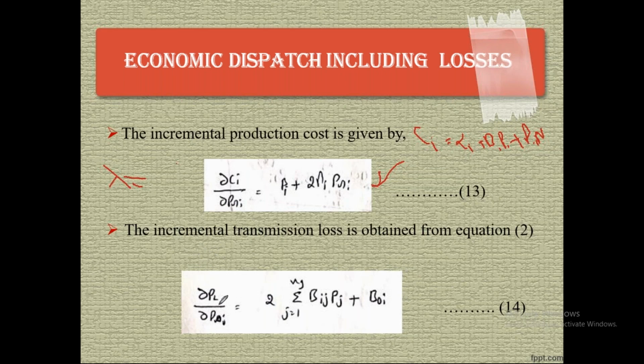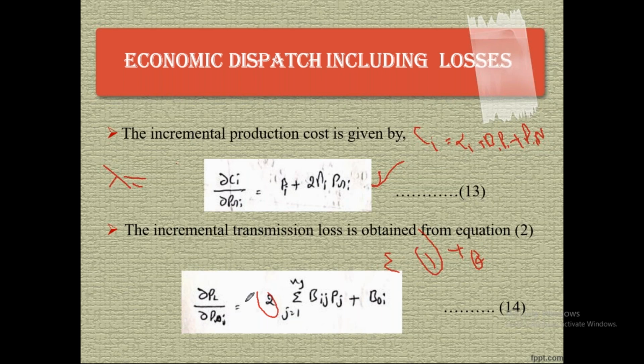How can we obtain that? If you differentiate equation 2 with respect to Pi, you will get 2. Why does the 2 come? Because it is a combination of two plants, so we have to separate them: plant 1 and plant 2, unit 1 and unit 2.